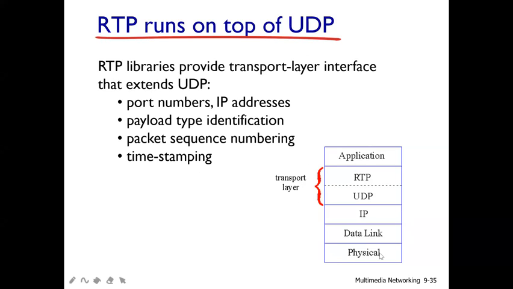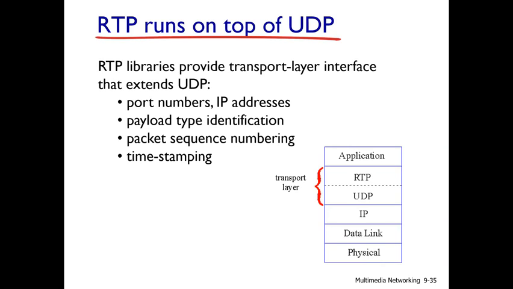So how is this working in our OSI layers? This is our transport layer. In our transport layer, the RTP library will be present with the UDP, and it also has to carry your port numbers, IP address, payload identification, packet sequence numbering, and time stamping.